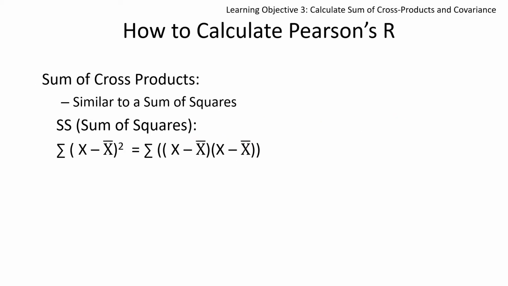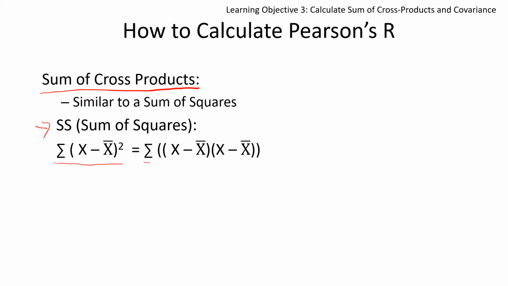So let's move on to calculations. The first step of calculating Pearson's R is going to be to calculate what is called the sum of cross products. Just like the first step of getting to variance was calculating the sum of squares, the first step of getting to covariance, which is what we're going to get with Pearson's R, is calculating the sum of cross products. So you'll recall that the sum of squares was the sum of x minus the mean, the raw score minus the mean, squared.